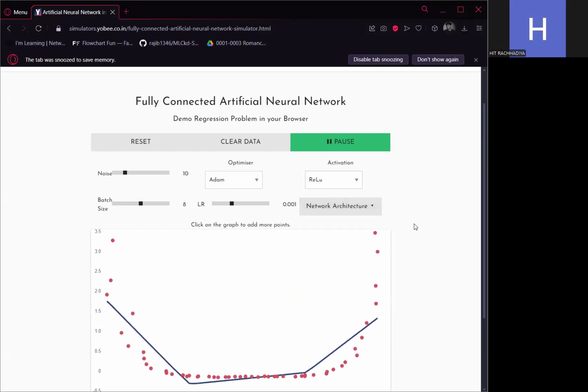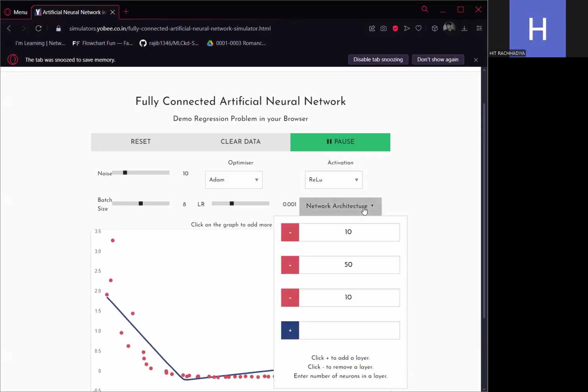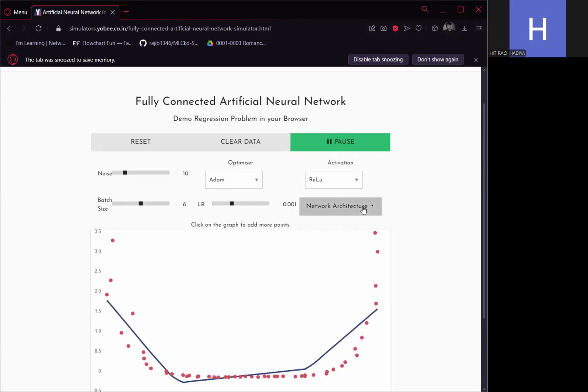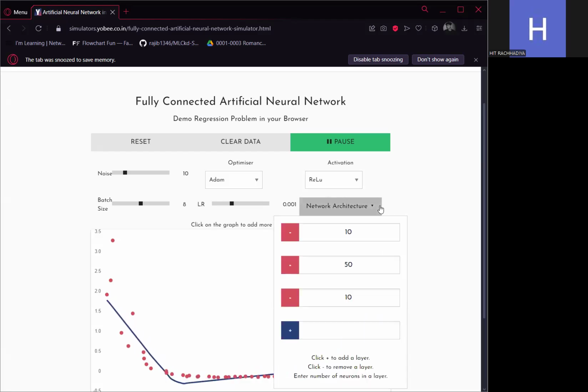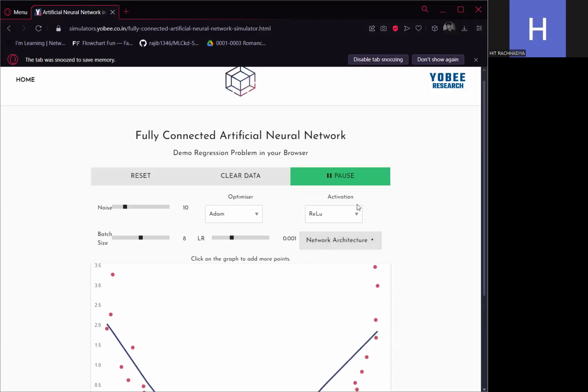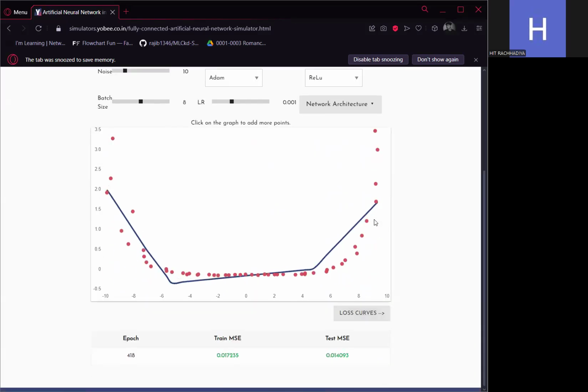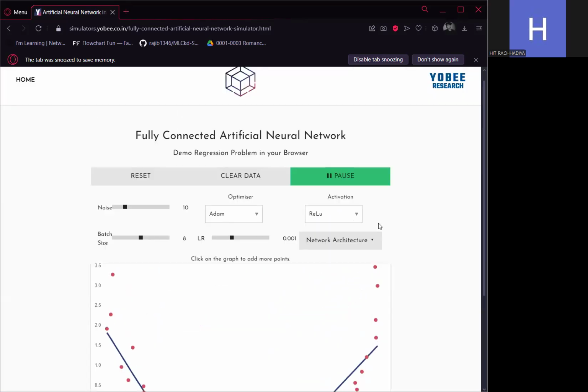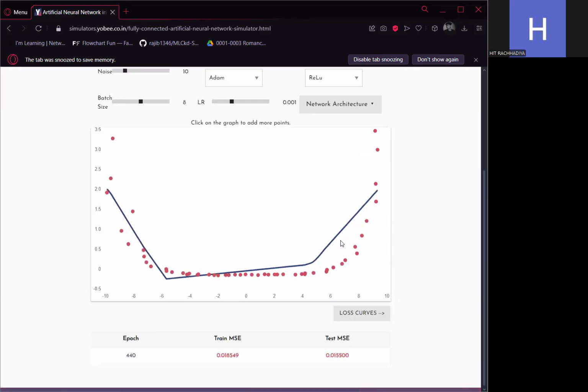You can also add more layers for higher complexity data sets. But I am using the default because it generates the output within a short period of time, so that I can show it in the video. We can see the train MSE, test MSE, and number of epochs generated.